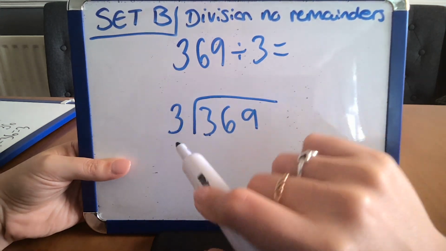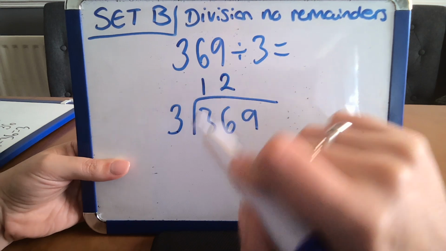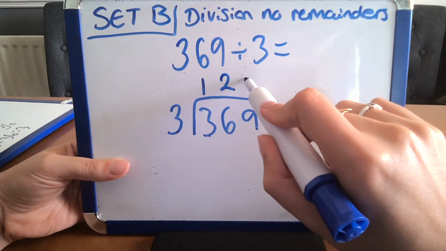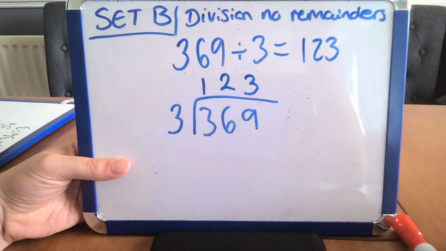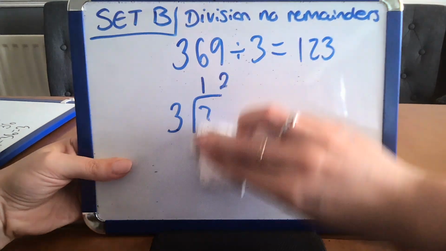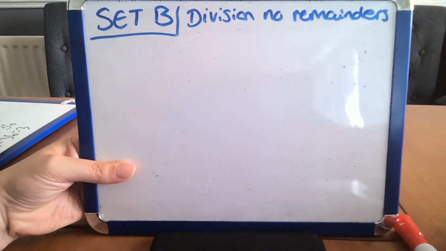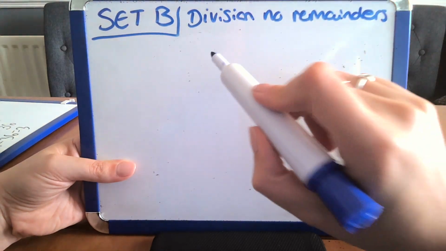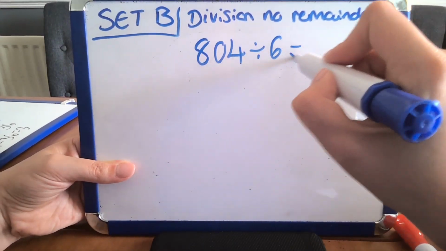How many 3s go into 3? 1. How many 3s go into 6? 2. How many 3s go into 9? 3. 123. The next question was 804 divided by 6 equals.